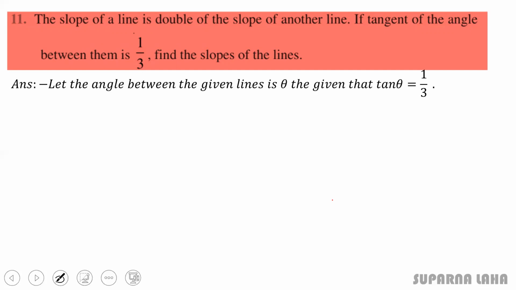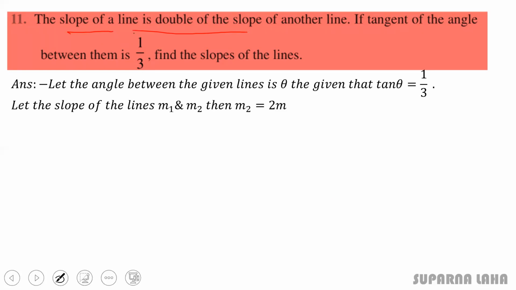Another condition is given: the slope of one line is double the slope of the other. So take their slopes, m1 and m2, with m2 equal to 2m1. These two conditions are given, and we need to find the slopes, that is m1 and m2.